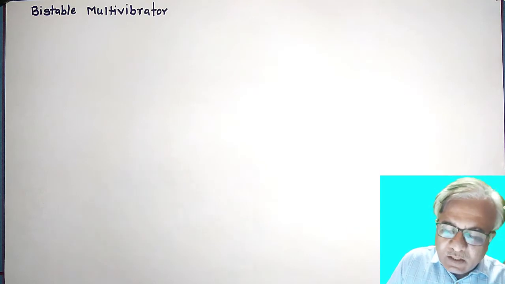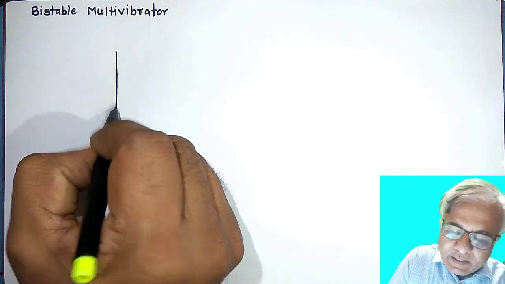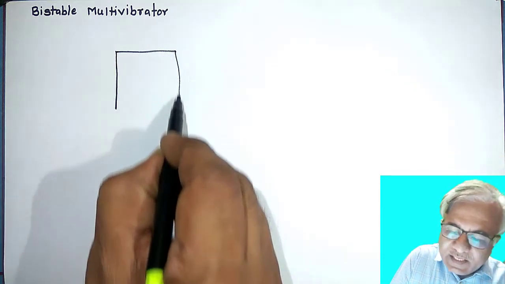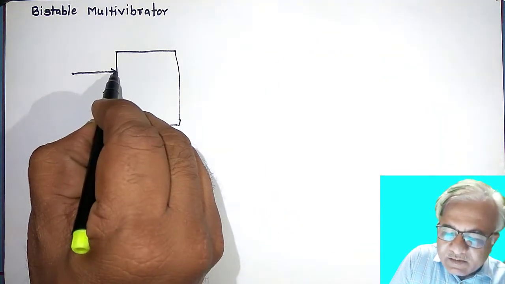So if we consider the block diagram of bistable multivibrator, there are two input signals and one output signal. Draw the block diagram of bistable multivibrator. Then we can say that there are two input signals.